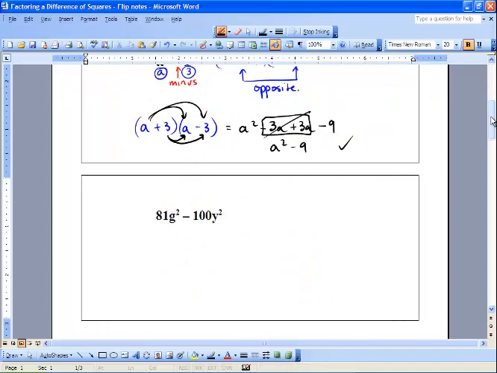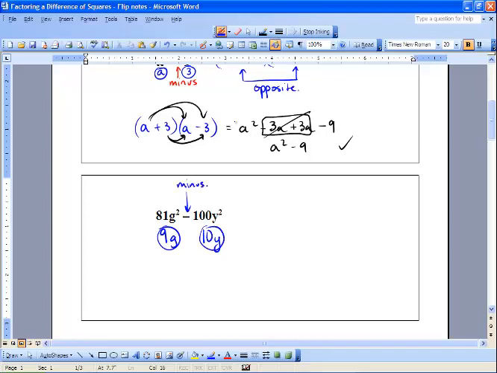So we check to see if our terms are perfect squares. 81g squared and 100y squared are both perfect squares. So we can take the square root and we get 9g, and 10y. Now we also have to make sure that we've got a minus sign.